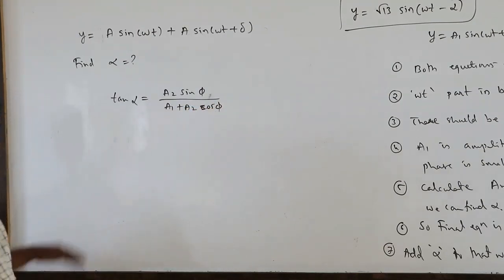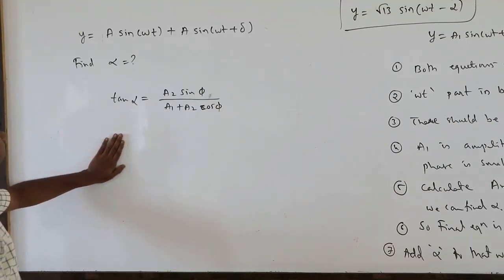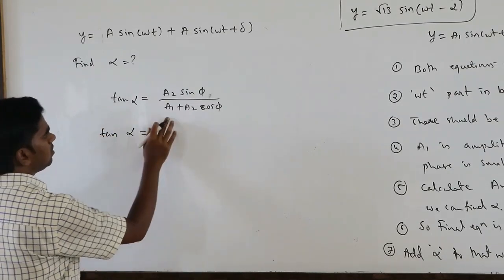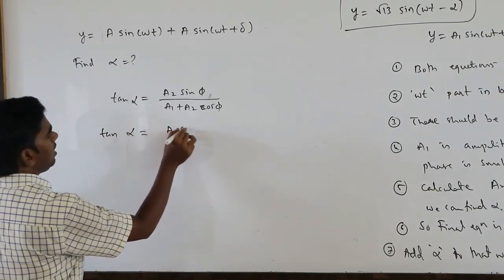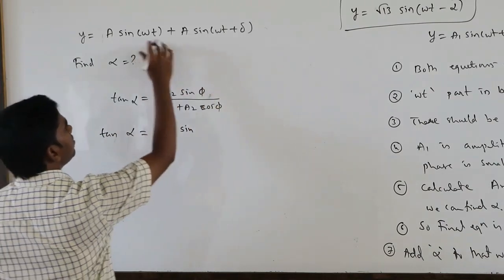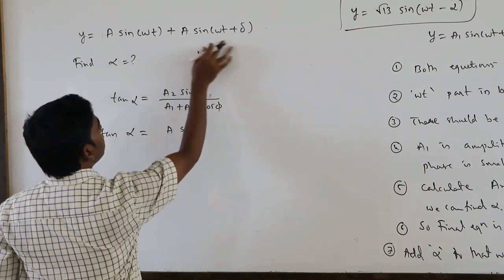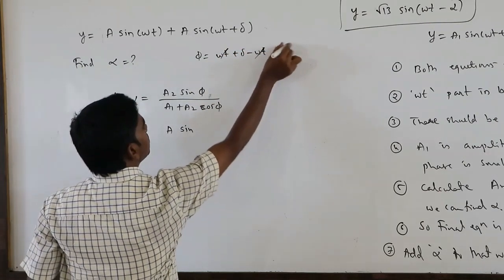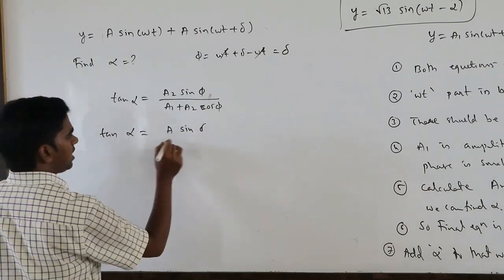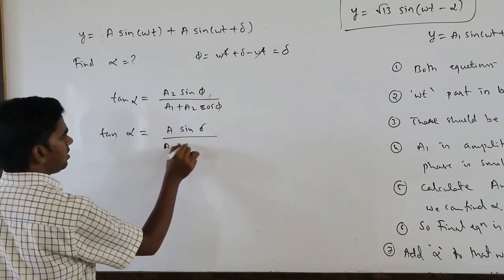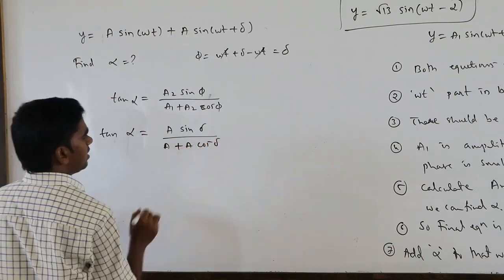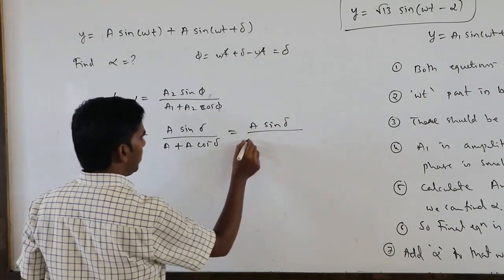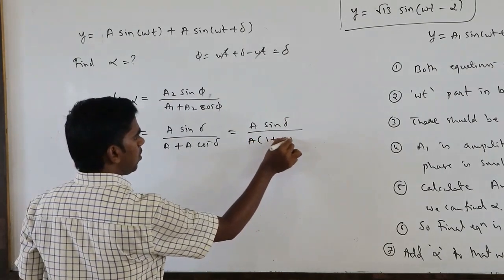Now, tan alpha equals a sin of the phase difference divided by a plus a cos of the phase difference. The phase difference we calculate by subtracting these two, omega t plus delta minus omega t, which is going to be delta. So write sin delta divided by a plus a cos delta. You can write this as a sin delta divided by a, taking a outside, times 1 plus cos delta.